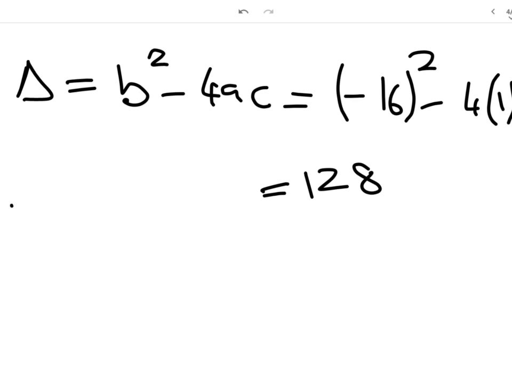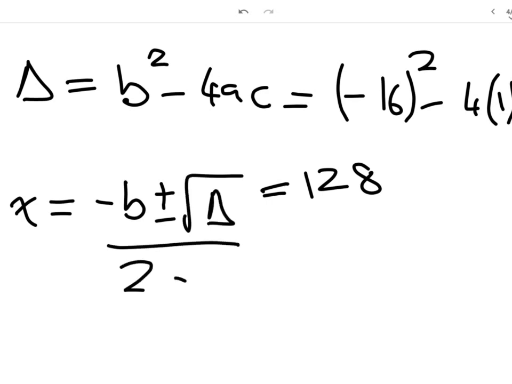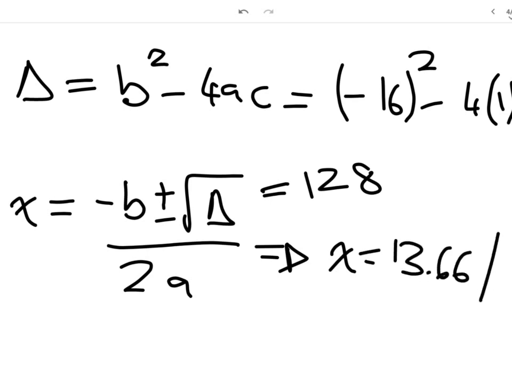Then after you do x equals minus b plus or minus radical delta over 2a, you will get x equals 13.66 or 2.34. This is greater than 4, so it's cancelled, and this is the correct answer.